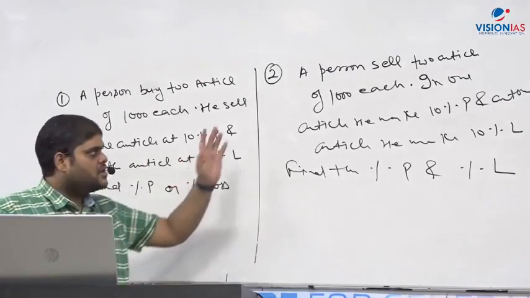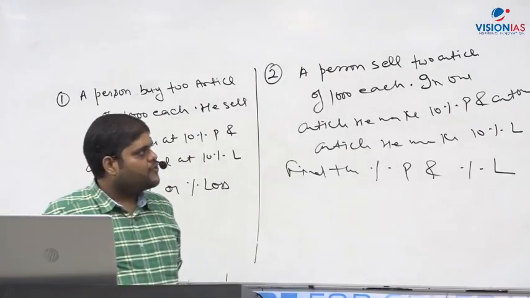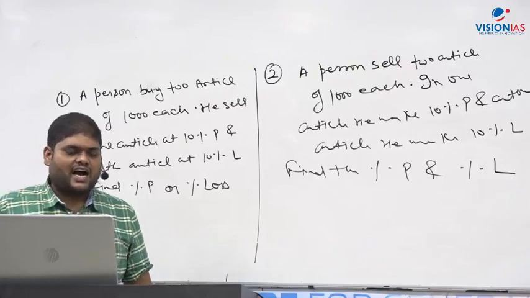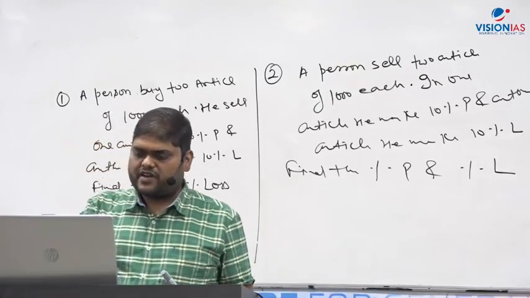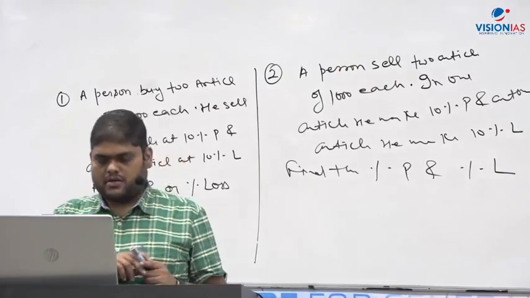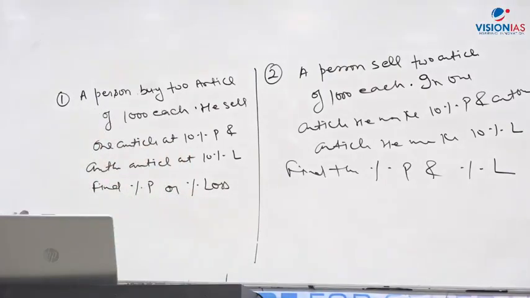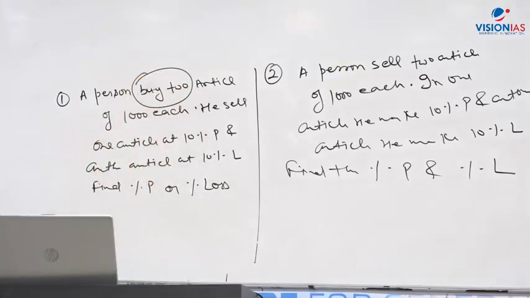Second part is, a person sells 2 articles of 1,000 each. On 1 article he makes 10% profit, another article he makes 10% loss. Find the percent of profit and percent of loss. Okay? Now try to understand the problem. Here the person buys 2 articles of 1,000 each.